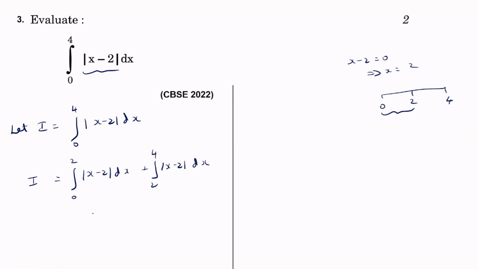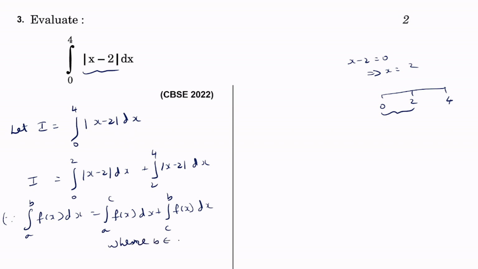Here we have to write why we have written this, that is using the result: since integral a to b f of x dx equals integral a to c f of x dx plus integral c to b f of x dx, where c is in the interval a to b. So using this property of definite integral, we are writing this.